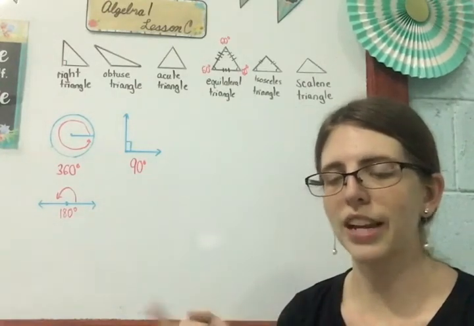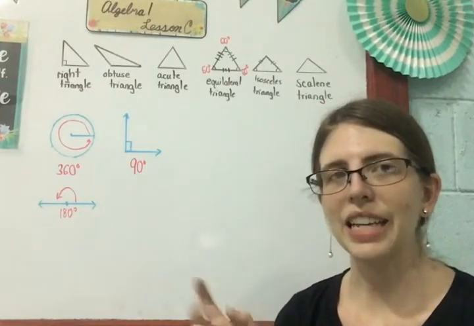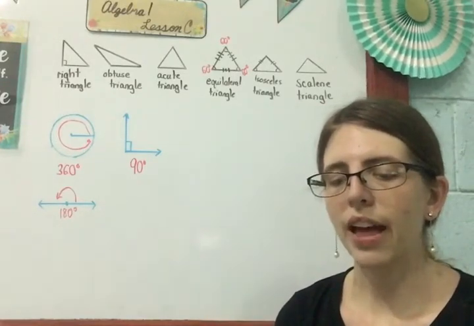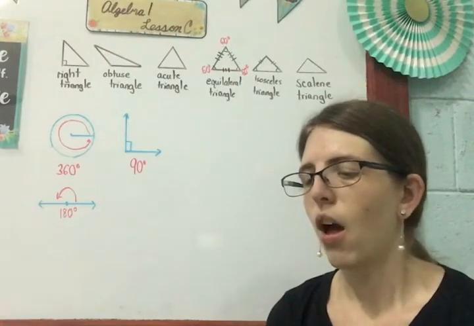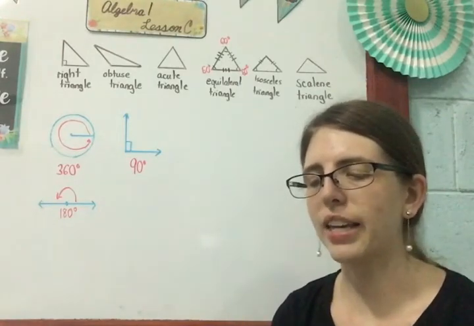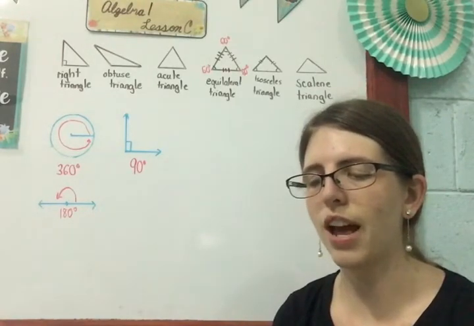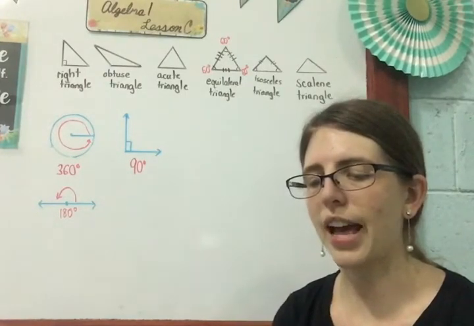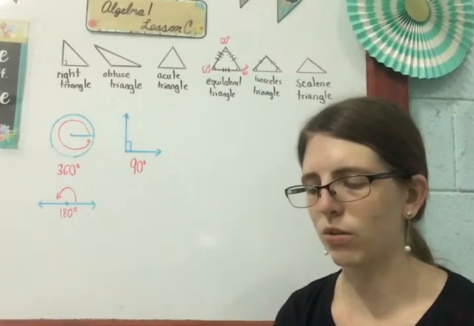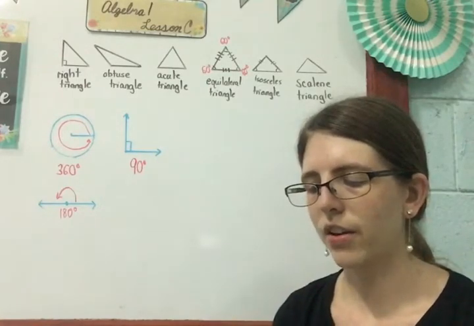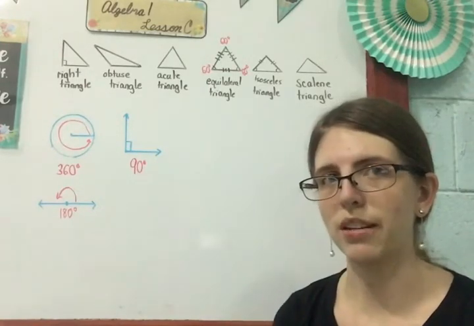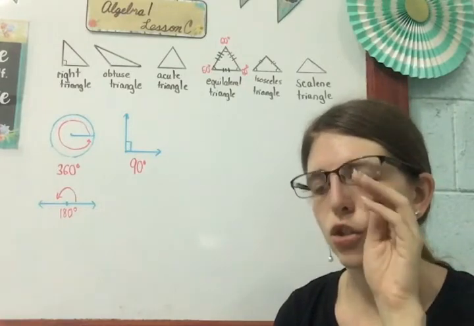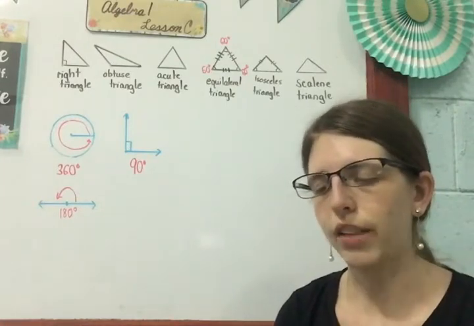Remember, that's a 4-sided shape that has exactly 2 parallel sides. You may have had to look back in your book for this one because this was not in this lesson, but it was in the last lesson or the lesson before that. I don't quite remember. Okay, that would be a trapezoid. Trapezoids have exactly 2 parallel sides, no more, no less.